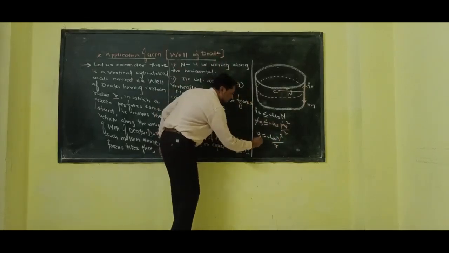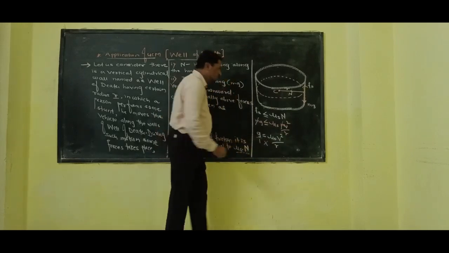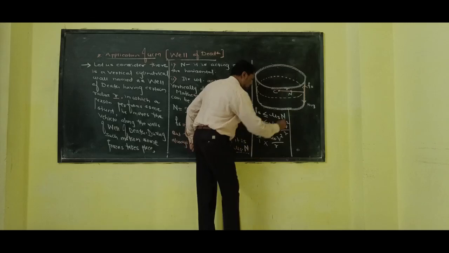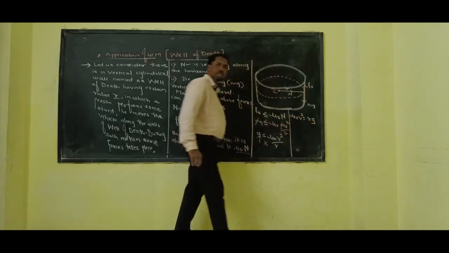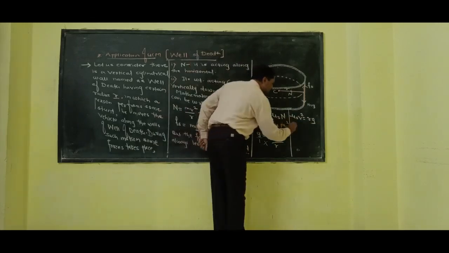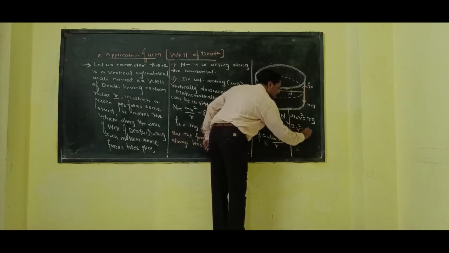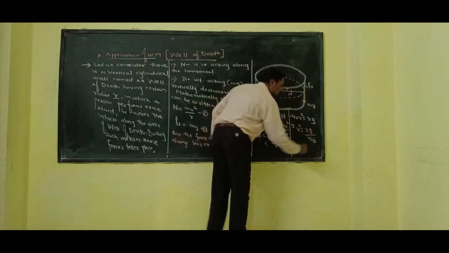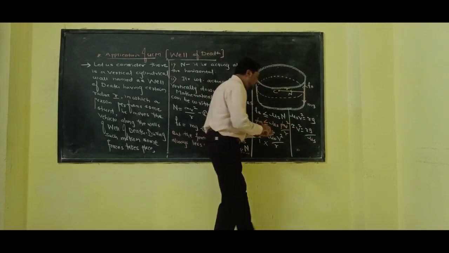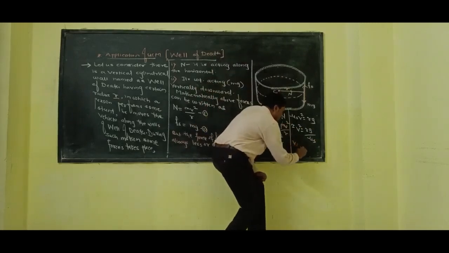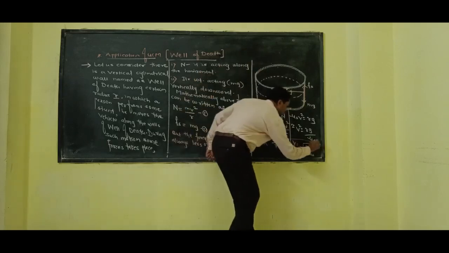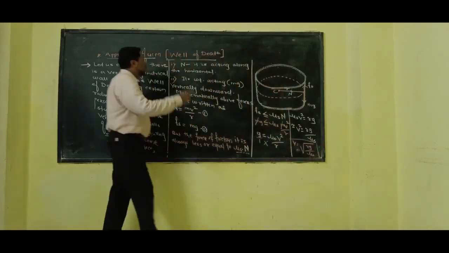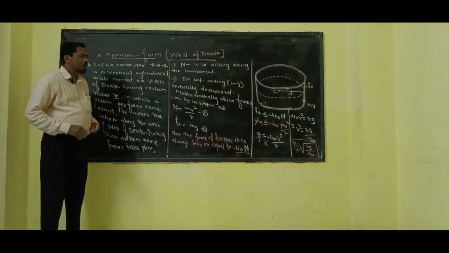Nothing is there, 1. Taking cross product, what can we write? mu s v square is equal to rg, or v square is equal to rg upon mu s, or finally v is equal to under root rg upon mu s. That's all. This is the required formula for well of death.